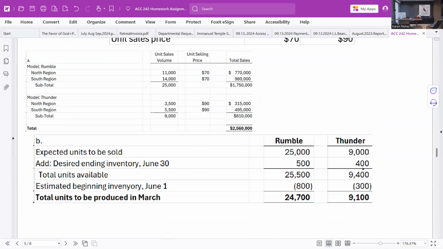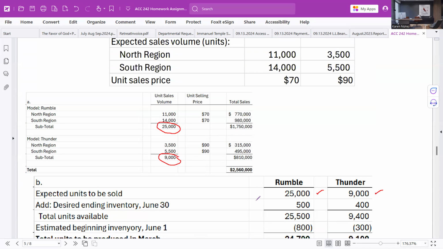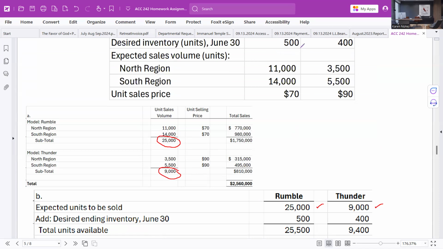Again, we anticipate being able to sell 25,000 and 9,000. You can see here from our sales budget, there's the 25,000 and the 9,000, the expected units to be sold. And then we want to add in the ending inventory. We anticipate an ending inventory of 500 for Rumble.